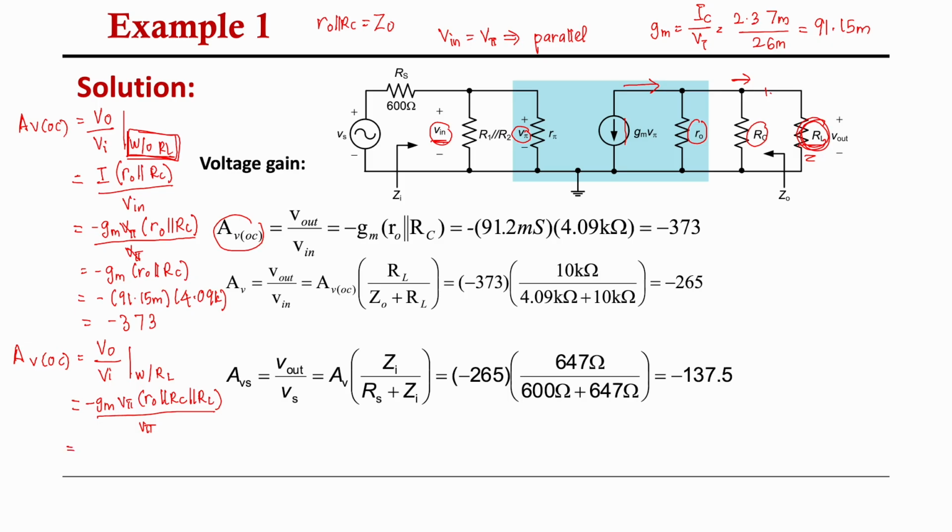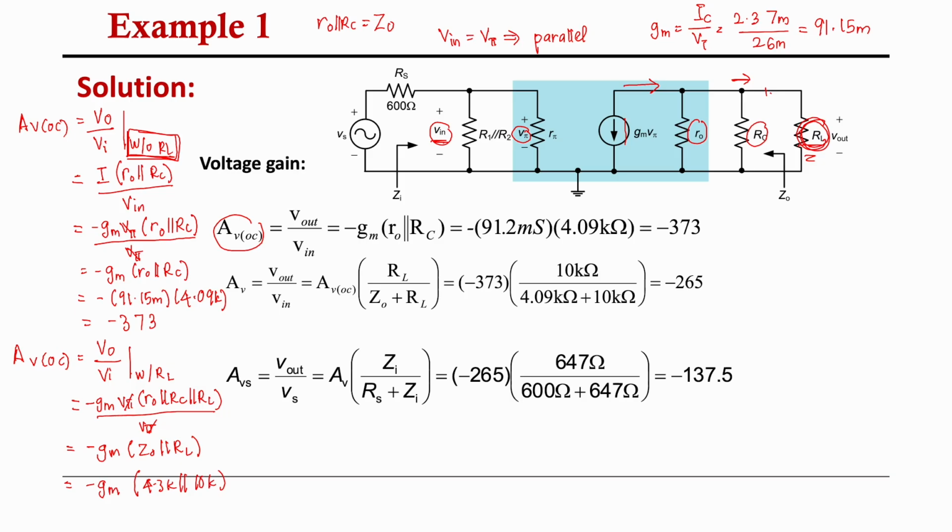So we will get negative GM, so V pi can be cancelled out, and then Z out parallel with RL, right? So it is going to be negative GM times Z out, which is 4.3 kilo, and RL, the value of RL is given as 10 kilo ohm.